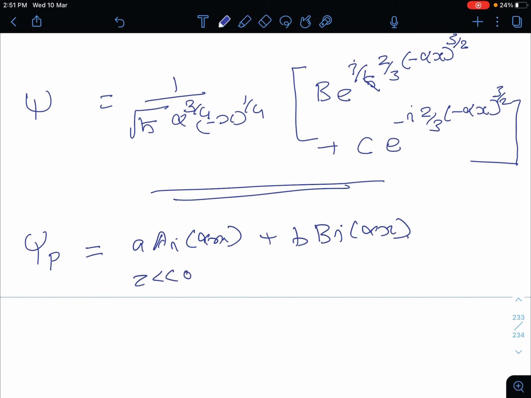Much less than 0. In that case, we already know, we have written somewhere on the top, exponential.